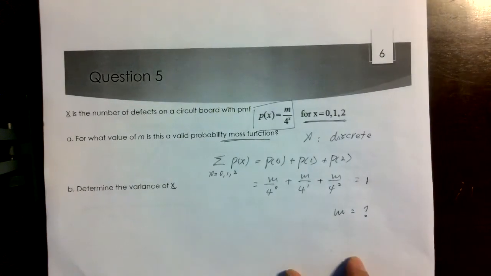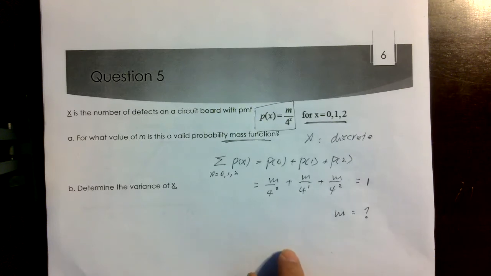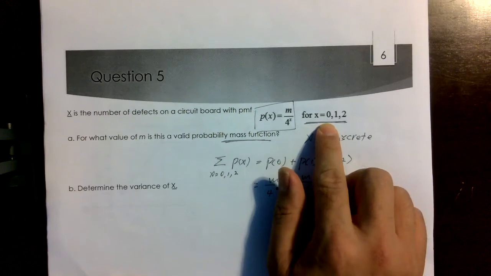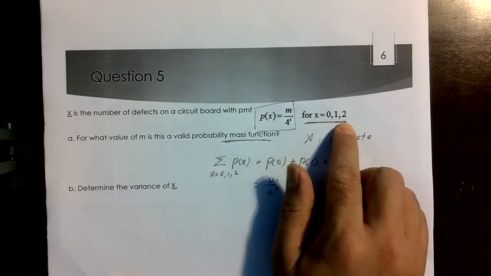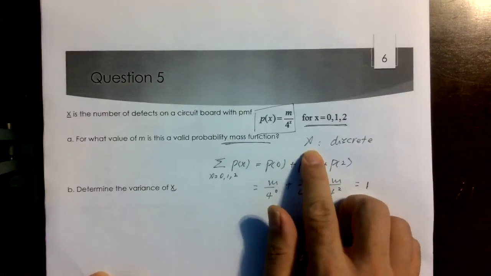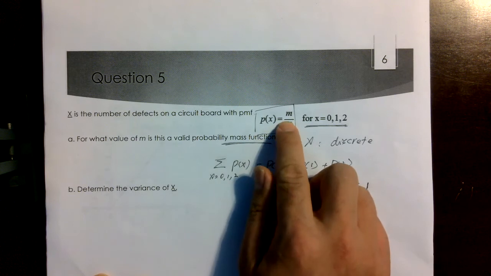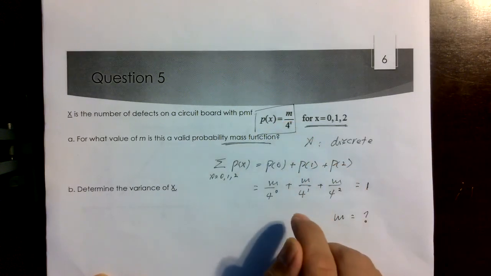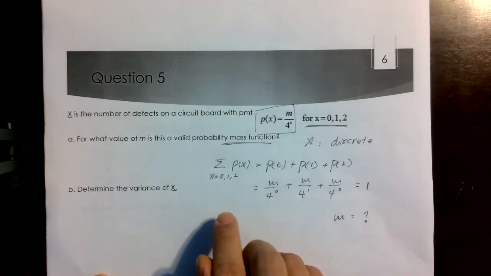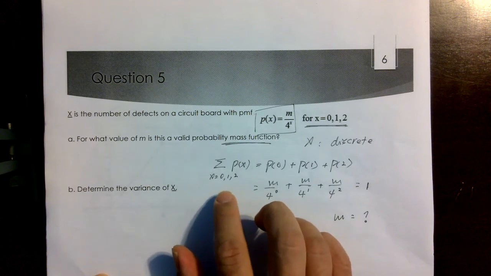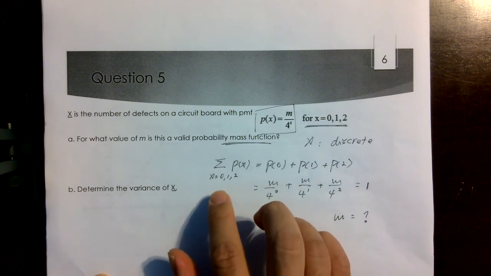Now, for this question, you see that this random variable can take discrete values 0, 1, 2. So this random variable is a discrete random variable. The question is, what's the value of this constant m? Just like a continuous random variable, the total probability should be equal to 1, so we take integration.